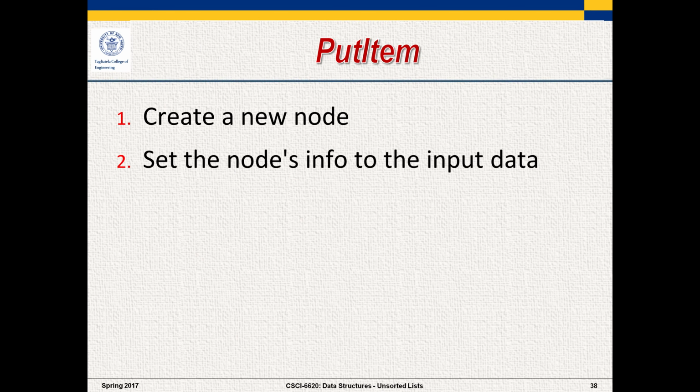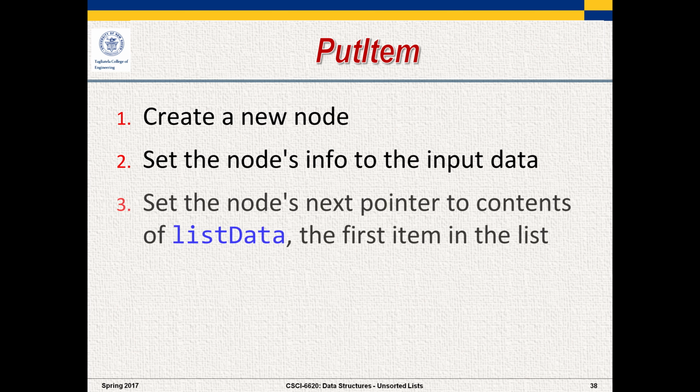It sets the node's info to the input data, that's what you're trying to store, and sets the new node's next pointer to the contents of list data, the first item in the list. Remember, in this implementation, which is unsorted, it doesn't make any difference where you put the new items, so you might as well take the easy route and always put them at the front.